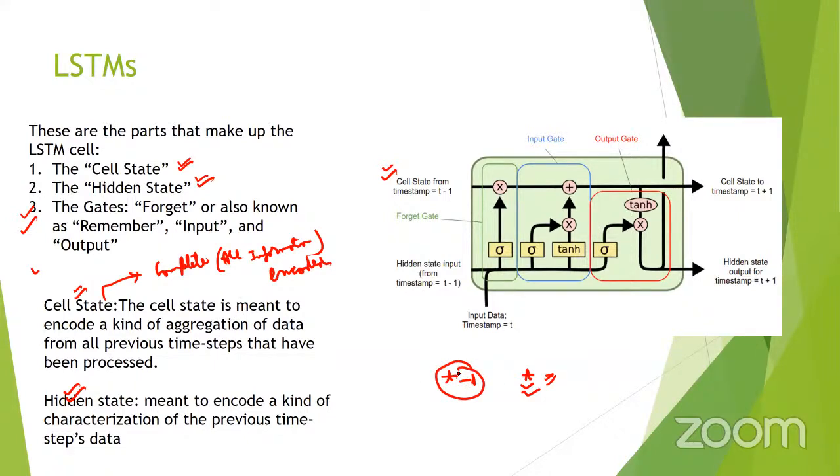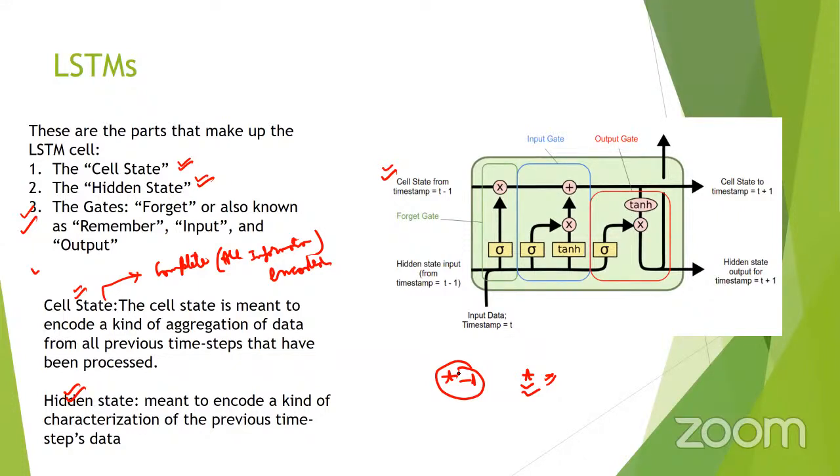In one way, the cell state and hidden state are interrelated with each other. When we see the mathematics going on behind, you will get an intuition of how these are interconnected. But for now, just remember, the hidden state is for your previous time step only, more concerned with the recent time step, the time step that has happened recently. And this hidden state is not equal to the output of one particular cell.